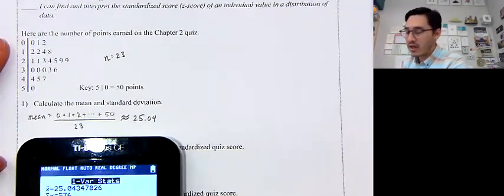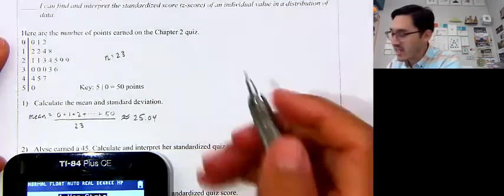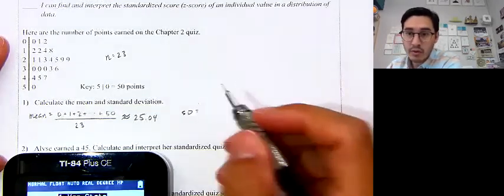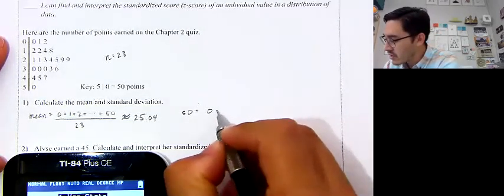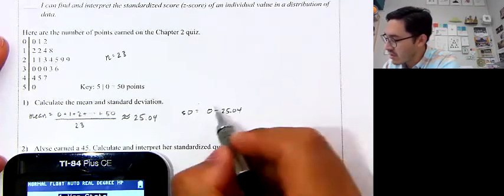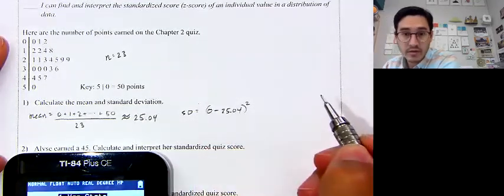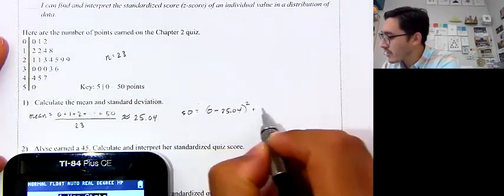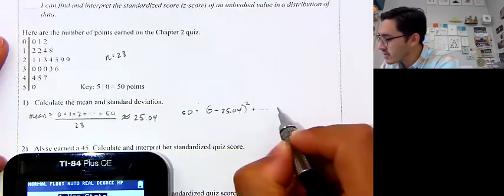Now to calculate the standard deviation, we have to take each value, subtract the mean, square it, and then repeat that process.